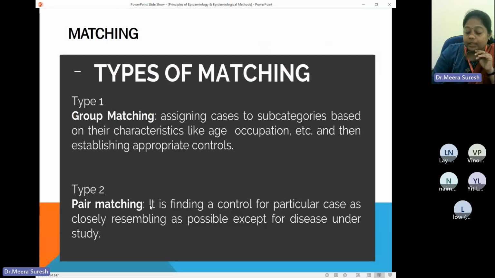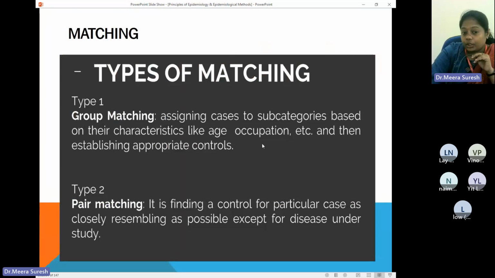Group matching will be, as the name indicates, you are going to group the people. You have the cases who are having lung cancer, and you will group those people. Within the cases you will group the people like a particular socioeconomic category, particular age factor, particular occupation, particular sex.